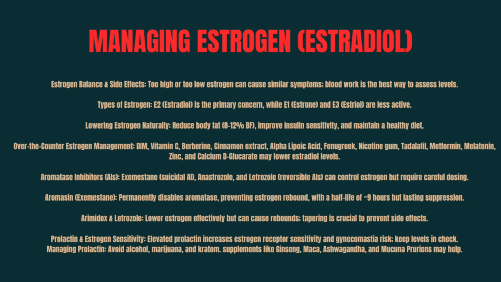By the way, a suicidal aromatase inhibitor means it binds to aromatase enzymes and permanently disables them, which will prevent an estrogen rebound seen with Arimidex and letrozole. Aromasin has a short half-life at around 9 hours, but will suppress estrogen for up to 72 hours for a 25 milligram dose.